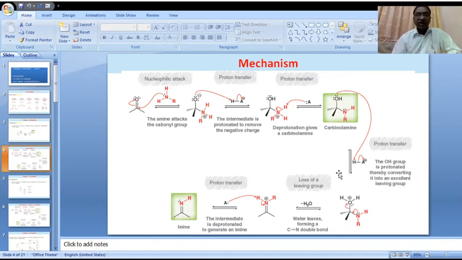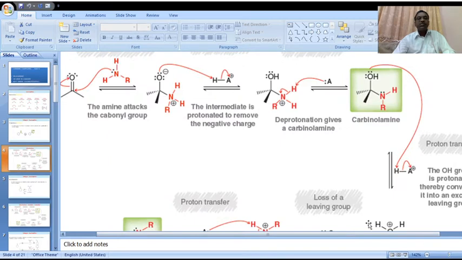Now let us go to the actual mechanism part of this particular reaction. In the first step, the carbonyl function group reacts with the primary amine.